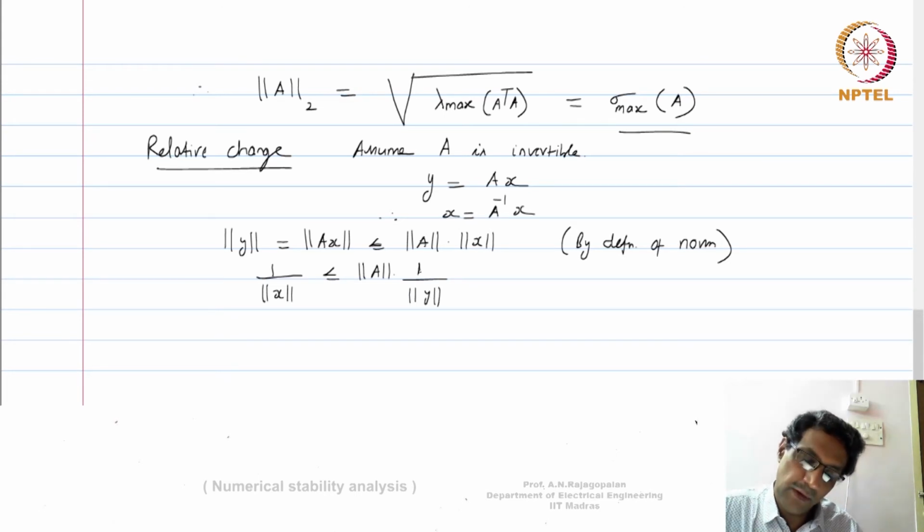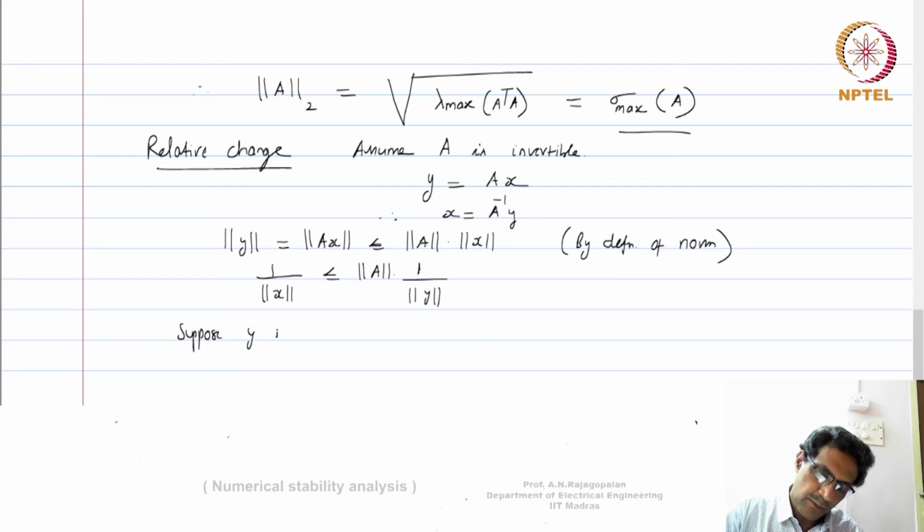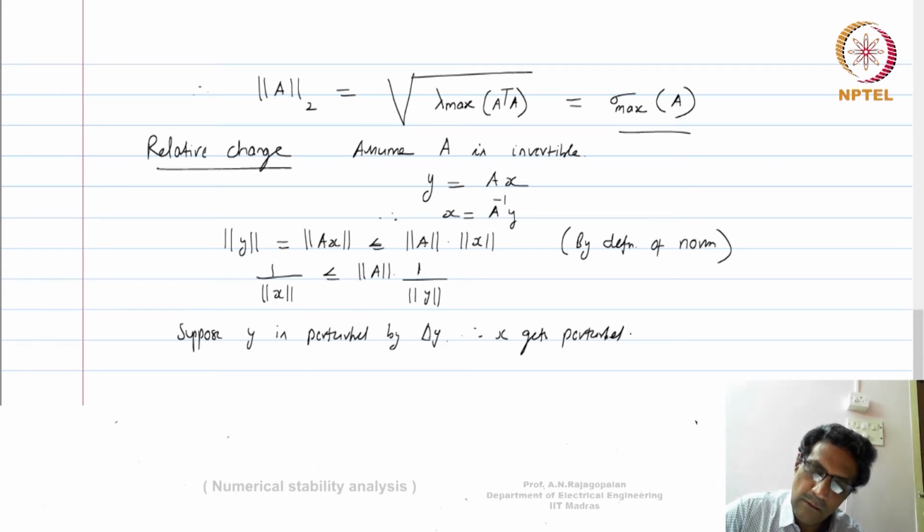Now, sorry, this is not x equal to A inverse x, this is x equal to A inverse y. Suppose y is perturbed by a small value, perturbed by delta y. Then because of the fact that A is invertible, x gets perturbed by, let's say, delta x. Or in other words, when y becomes y plus delta y, x becomes x plus delta x. X plus delta x is equal to A inverse times y plus delta y.